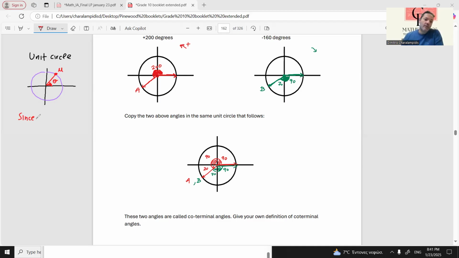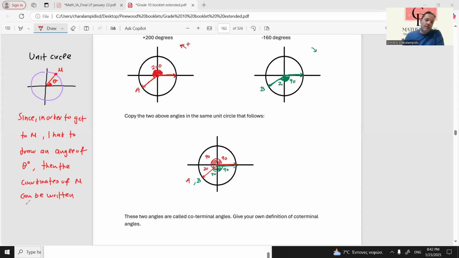Since in order to get to M, I had to draw an angle of theta degrees, let's say, or radians later on, then the coordinates of M can be written as cosine theta, sine theta.